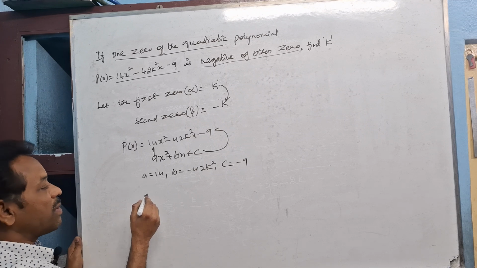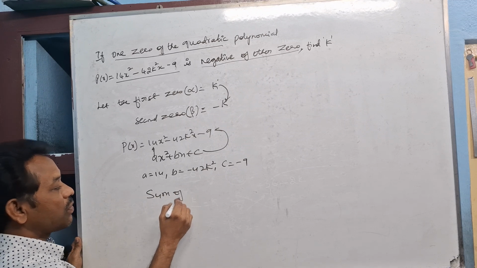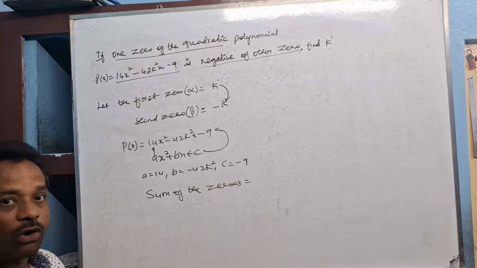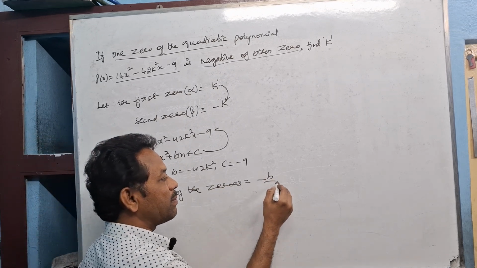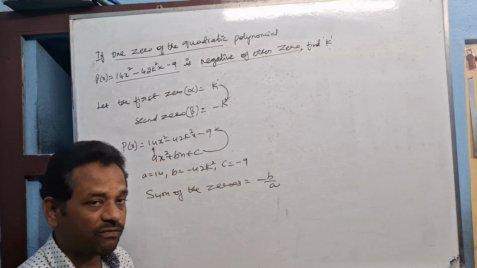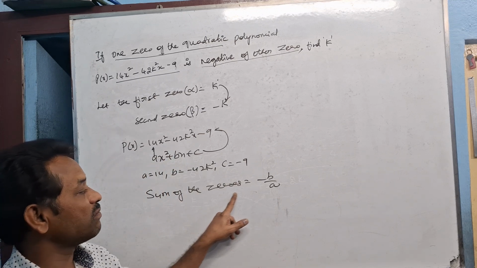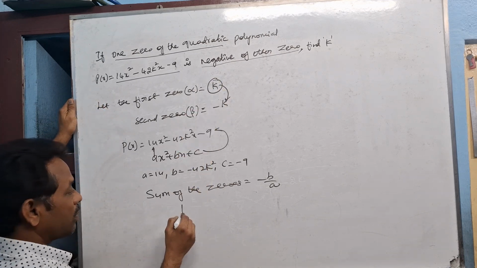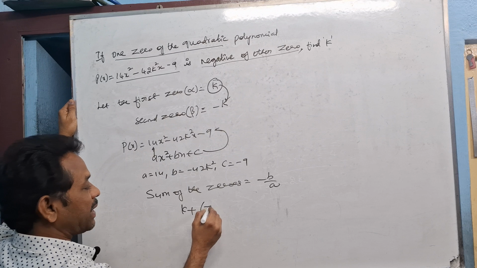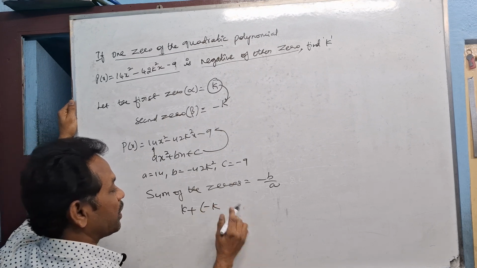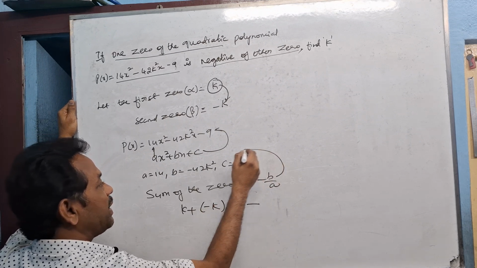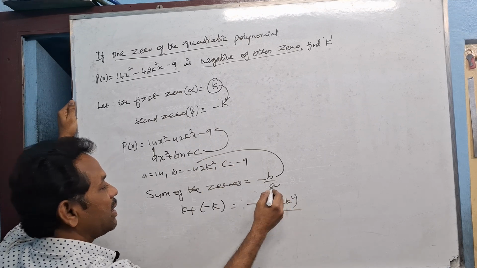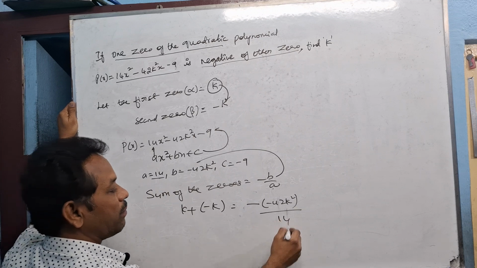Now let us go for the sum of zeros. The sum of the zeros of the polynomial can be found using the formula -b/a. Here the first zero is k plus the second zero is -k, equal to -(-42k²)/14.